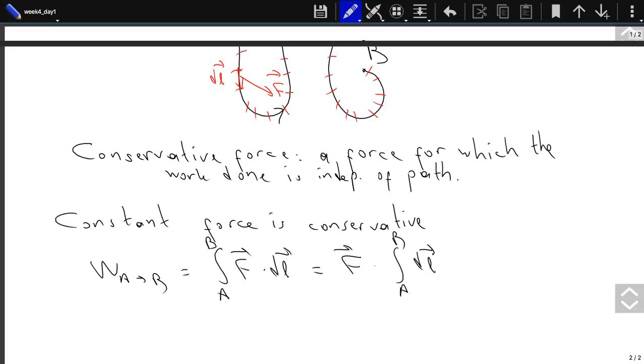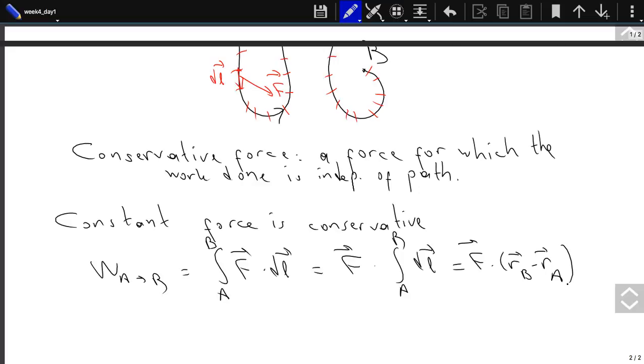We have a path, we divide it into very small segments, and dL is our displacement in each one of those segments. If I sum my displacements, I obtain the total displacement. But my total displacement is nothing but the change in my position. So you see, the work done by a constant force depends only on the initial and the final points. It doesn't depend on how I go from one point to the other point.